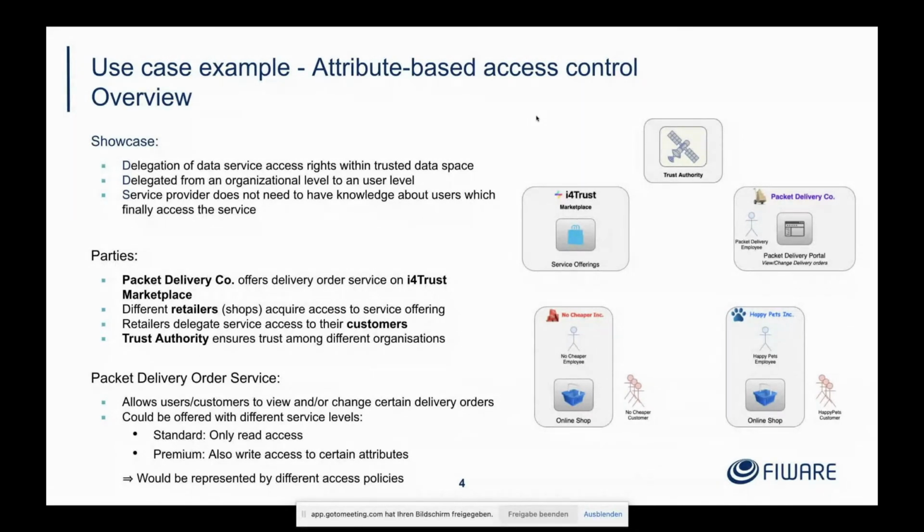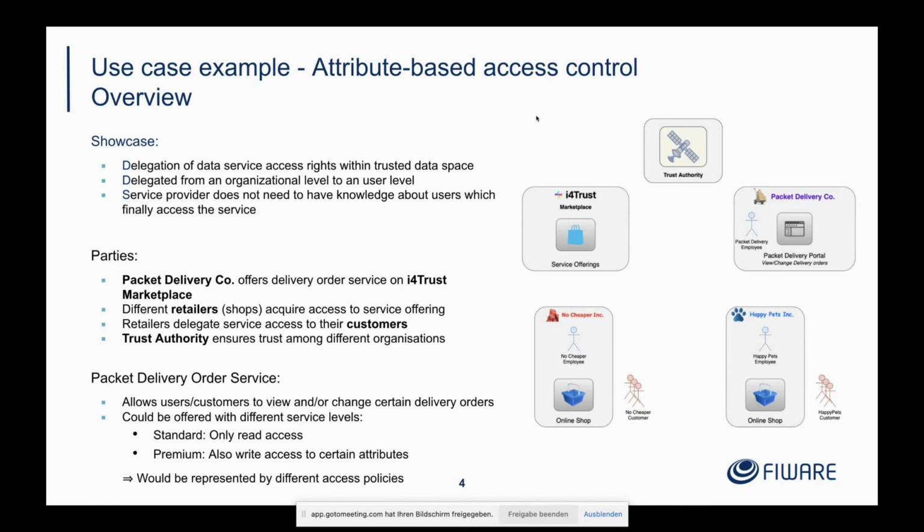It's important here that this delegation of access rights allows to delegate them from an organizational level down to a user level, so that in the end some human user can access the service. And by doing this, the actual service provider does not need to have any knowledge about the final user accessing the service.